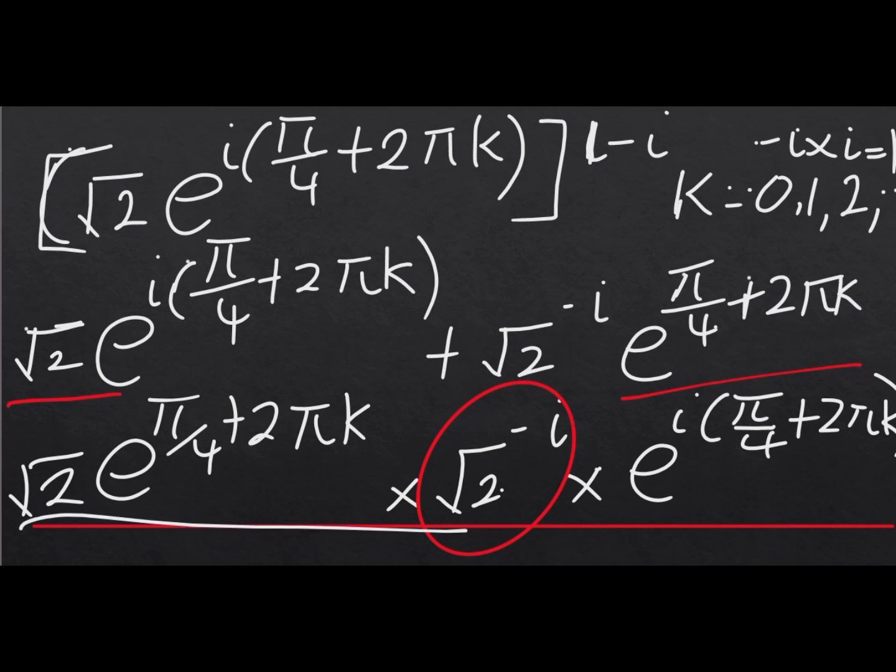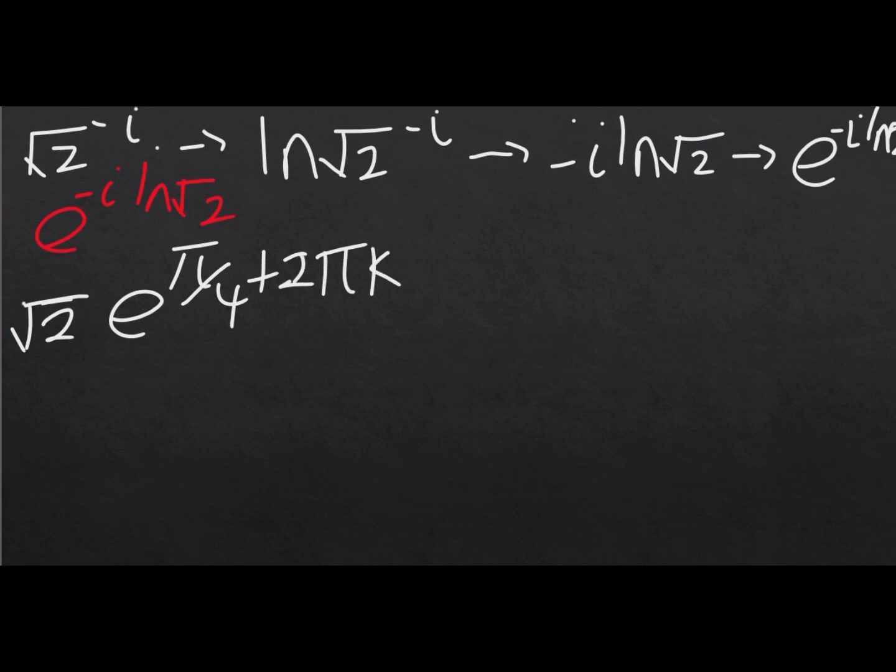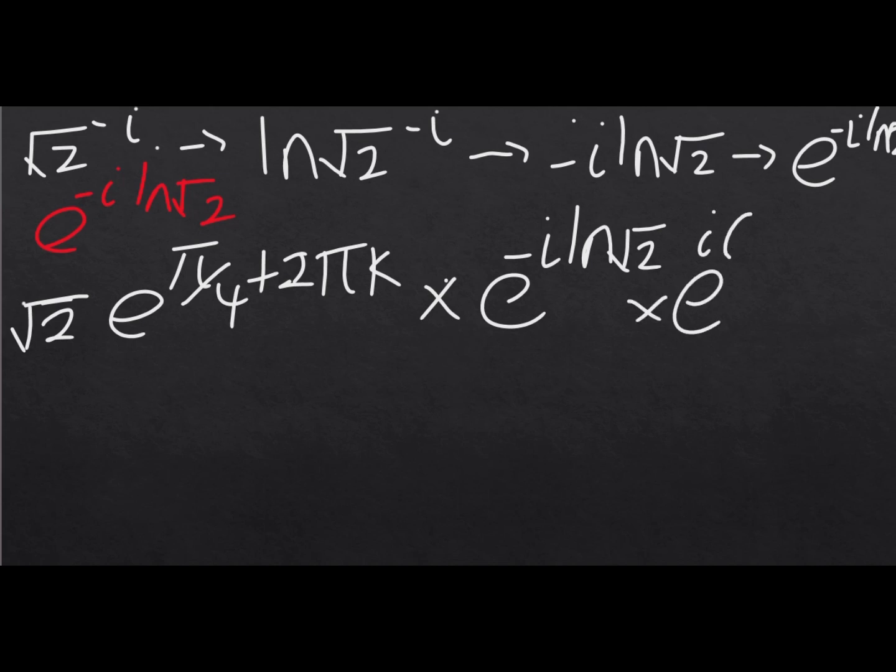This full expression: root 2 e to the power i pi over 4 plus 2 pi k times, instead of root 2 raised to the power negative i, I'll write e raised to the power negative i natural log of root 2, and times e raised to the power i pi over 4 plus 2 pi k.